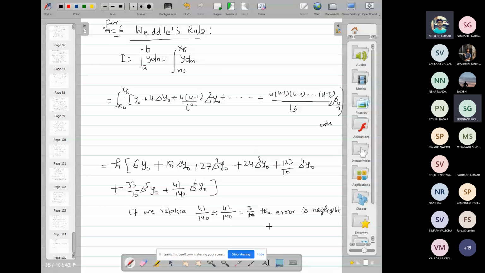So therefore the above expression becomes, you only need to write this expression again and change it using 3 by 10.